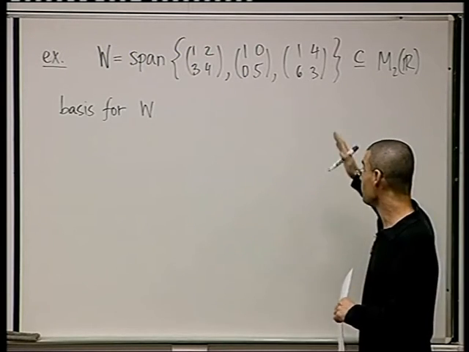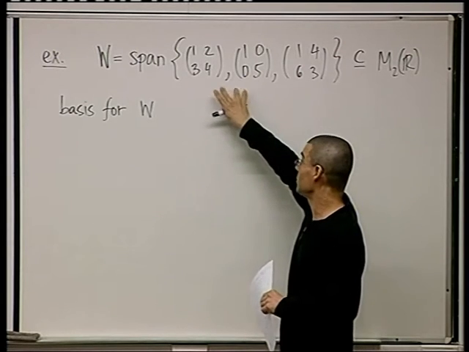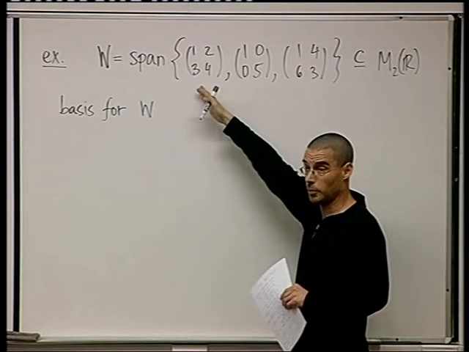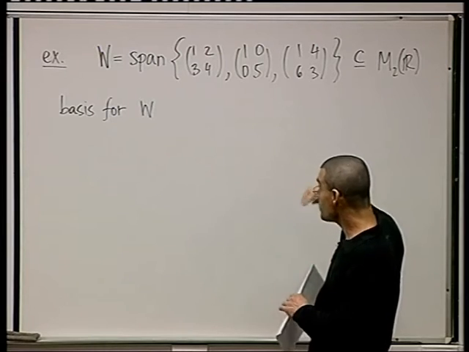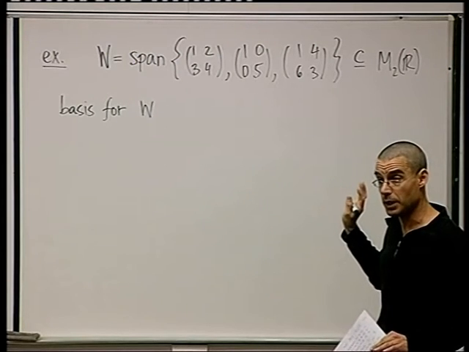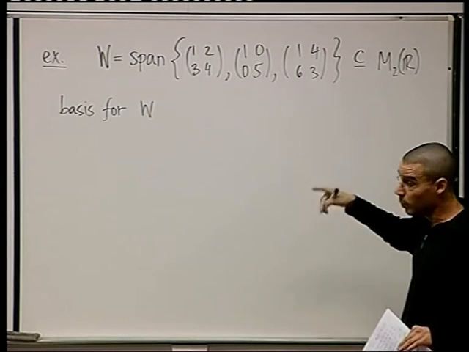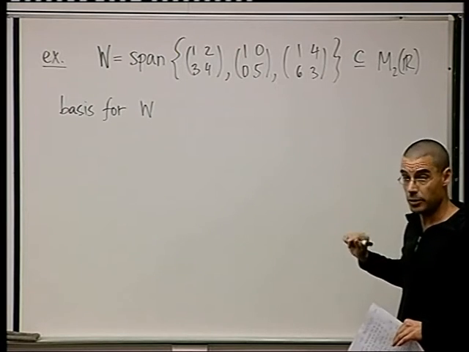It could be 3, it could be 2, it can't be 1, because if it were 1, then all of these should have been scalar multiples of this one, and that's not the situation. So just by looking at it, we know it's either 2 or 3. Do you agree? It can't be 4 because there are only 3 of them. It can't be 1 because they're not all scalar multiples of the same one. So it's either 2 or 3.